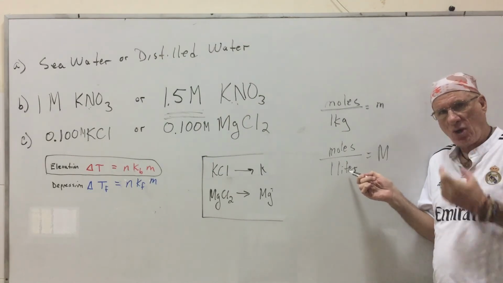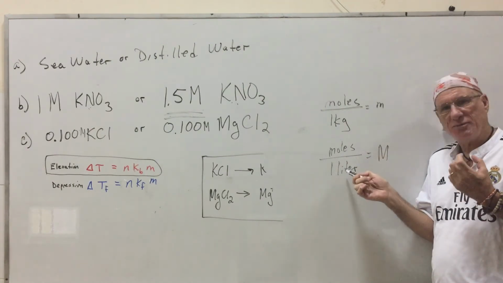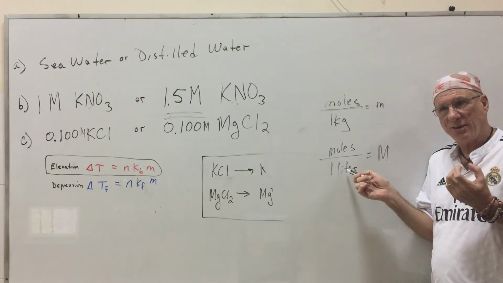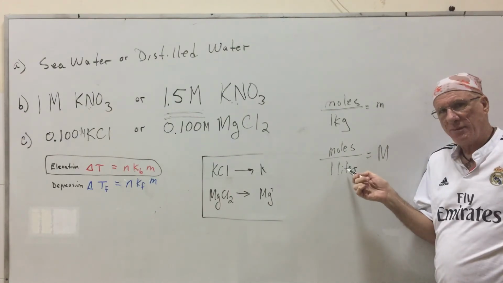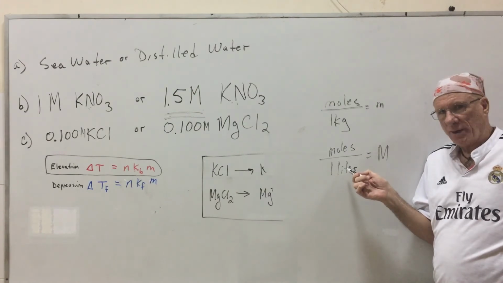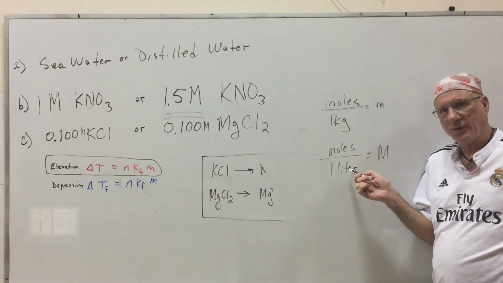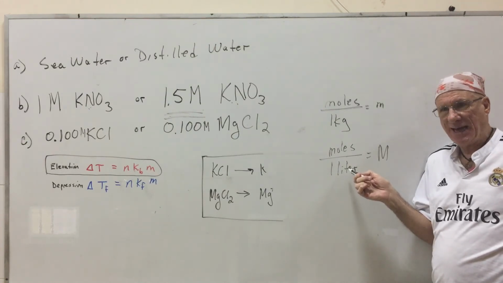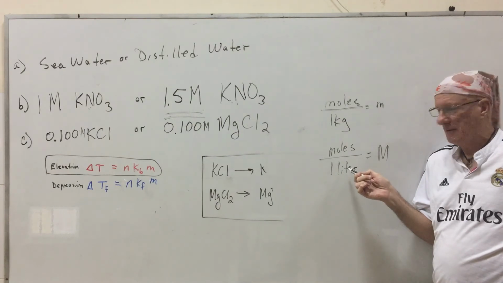But if it gets colder, the volume changes. It may not be 1 liter, it may be less than a liter or more than a liter. So the volume is temperature dependent because of density changes. Water has a density of 1 gram per milliliter at 4 degrees Celsius. Less than that, the density decreases. Greater than that, the density decreases.